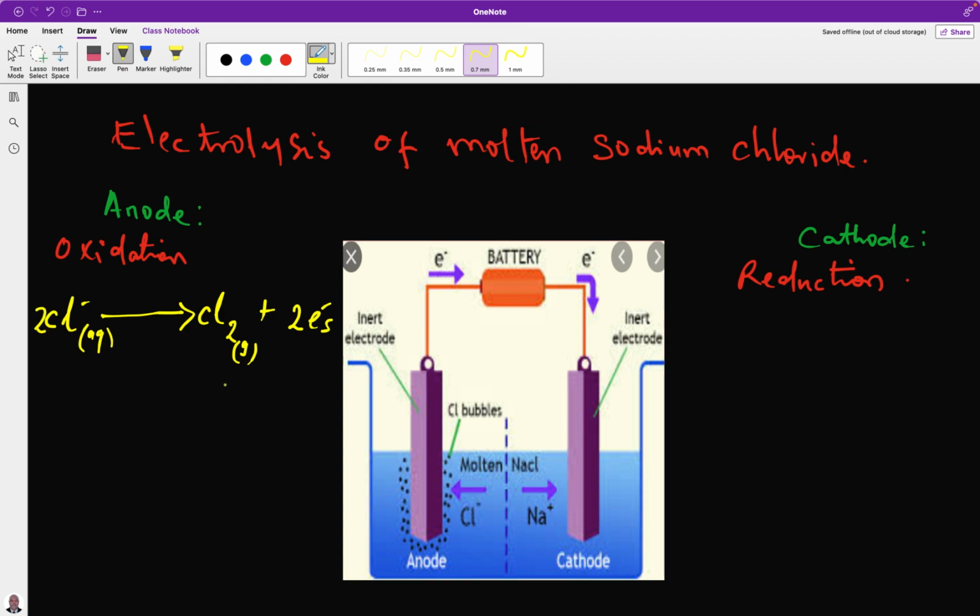So chlorine gas is released at the anode.